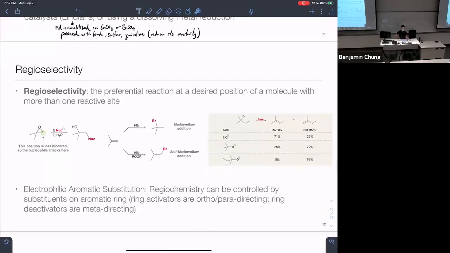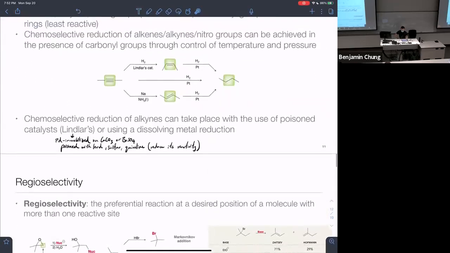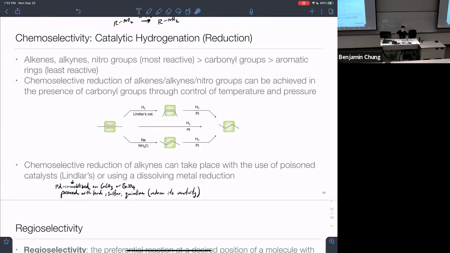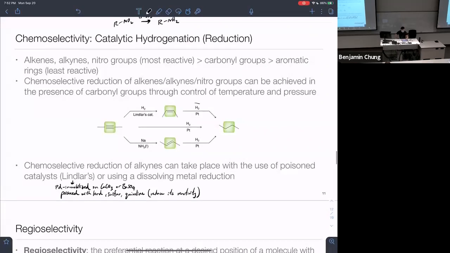You also come across regioselectivity. Oh, yeah. It can be as well. Actually, this is an example of both chemoselectivity and stereoselectivity, and the presence of one doesn't mean it can't be the other. That's a very good point. I wanted to bring that up later, but since you are talking about it now, this is also an example of stereoselectivity, because you can selectively form a cis alkene versus a trans alkene.